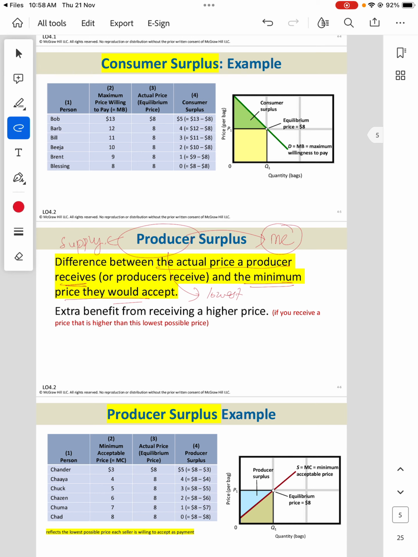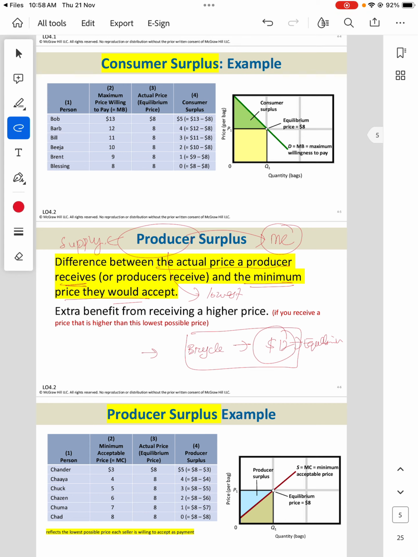For example, the market price of a bicycle is $12, which is the equilibrium price.